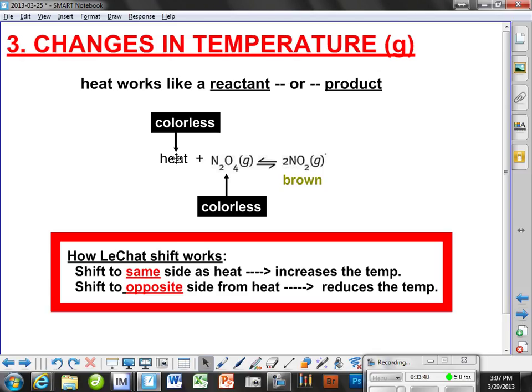And that has to do with this stuff, right? So shift to the same side as the heat. Okay, this guy is called exothermic. Not exo, no, this is endo. Endo's on the left. This is an endothermic reaction. It's endothermic because heat's on the left.